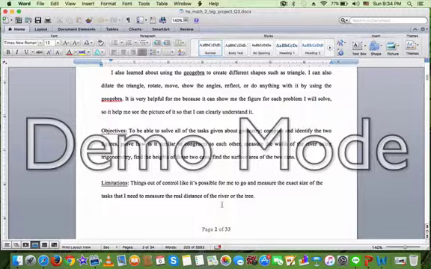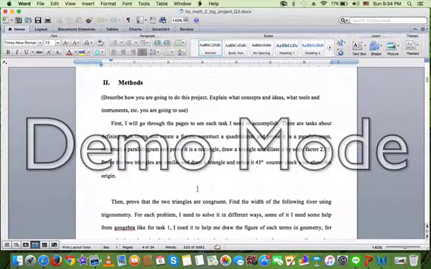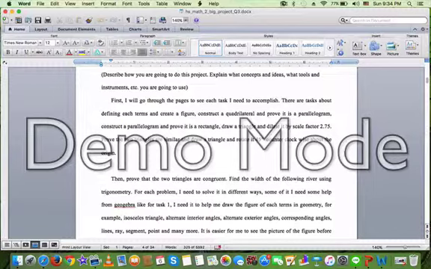The limitation of this project is that it involves things out of my control, because it's not possible for me to go and measure the exact size of the tree or the river, so I need to use the skills I've learned to measure it.